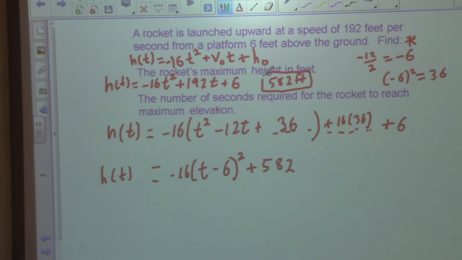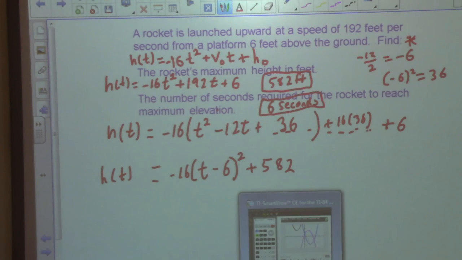And how many seconds does that take? That's 6 seconds. Okay? And you use a calculator for some of these bigger numbers. But how is it 6 seconds if it's launched at 192 feet per second?